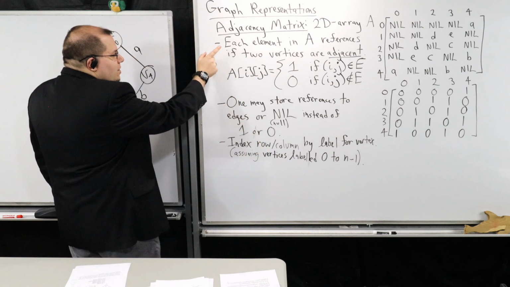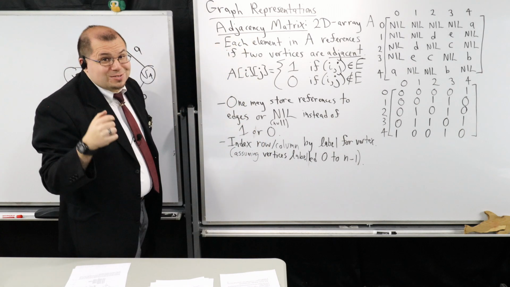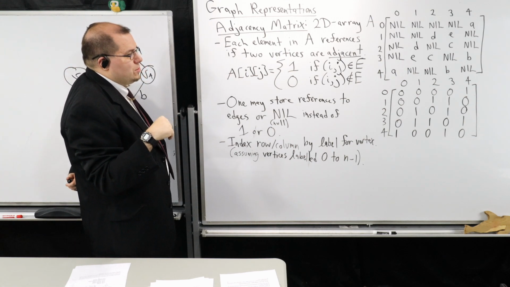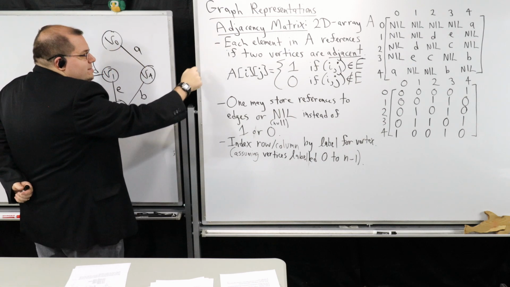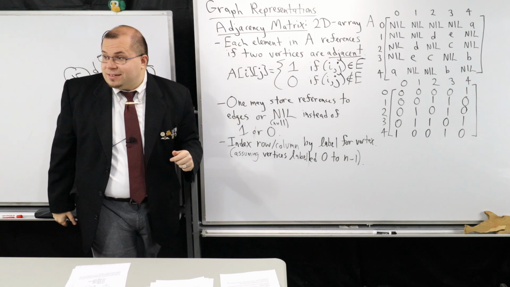So each element in my two-dimensional array, or you can think of it as a matrix. It's typically thought of as a matrix, but when you're implementing it, it'll be a two-dimensional array or the equivalent. Each one of the elements in A refers to whether two vertices are in fact adjacent.